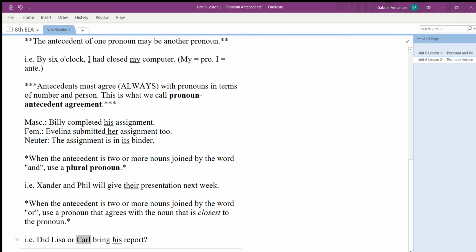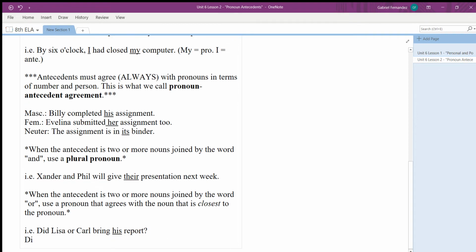Carl is masculine, so we're choosing a masculine pronoun because Carl is closer. Now, if Lisa happened to be the closer one, did Carl or Lisa bring her report? Because now Lisa is closer to the pronoun, so we're choosing a pronoun closest to the antecedent.